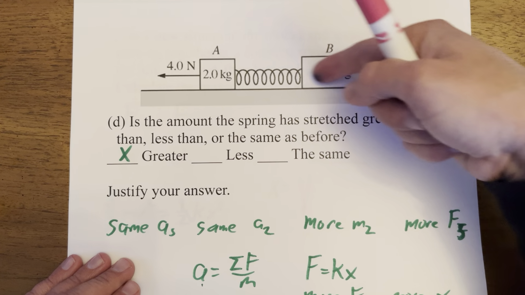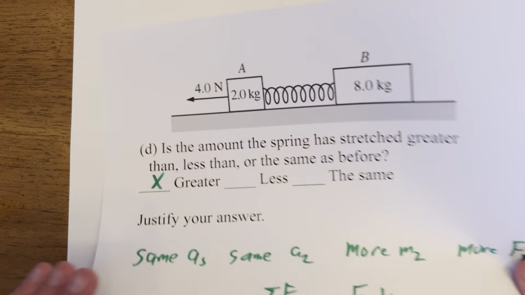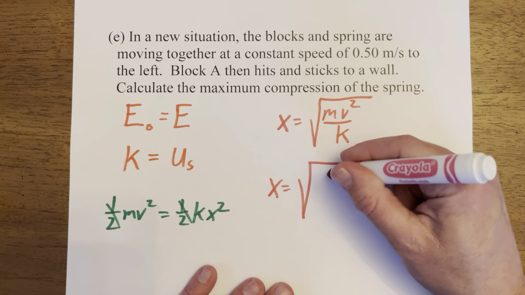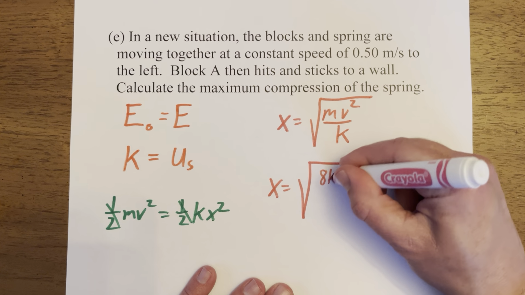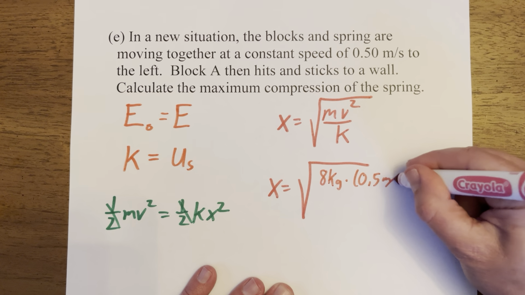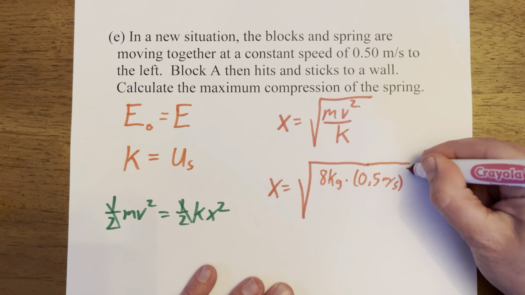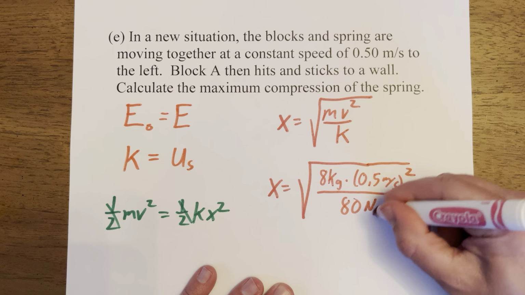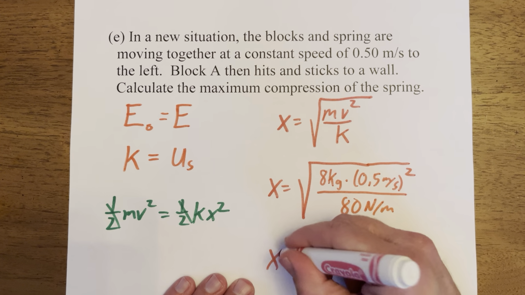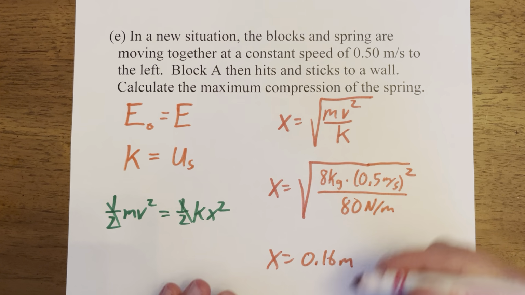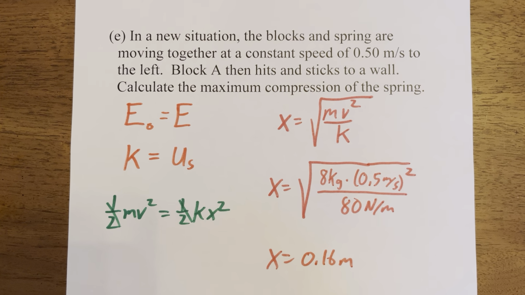The spring is going to be responsible for stopping the 8 kilograms, so the mass that we plug in here is 8 kilograms. The speed, as they said, was 0.5 meters per second, and that gets squared. All of that goes over the spring constant, which was 80 newtons per meter, and that winds up giving us a distance of roughly 0.16 meters, depending upon where exactly you round it off.